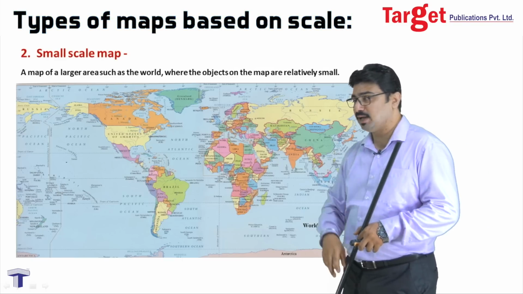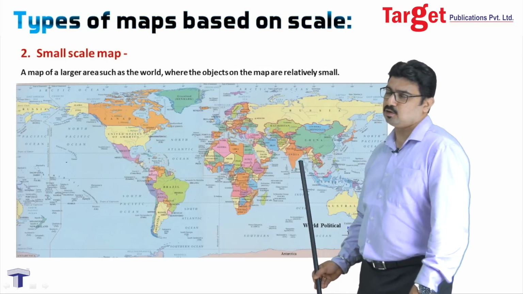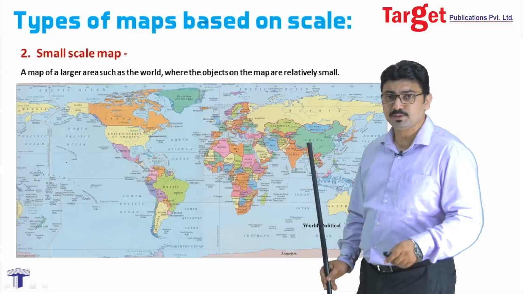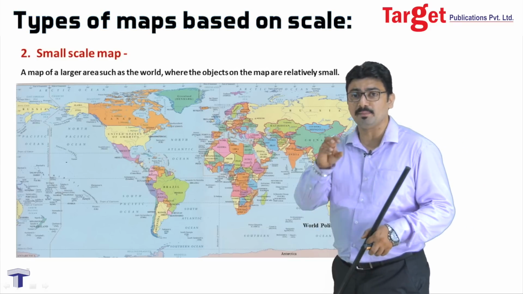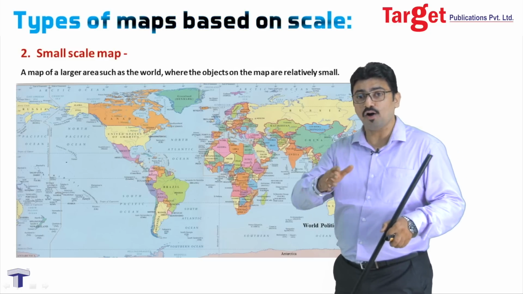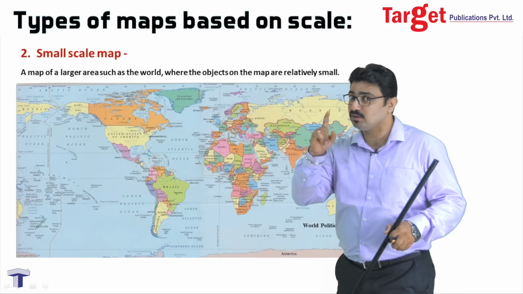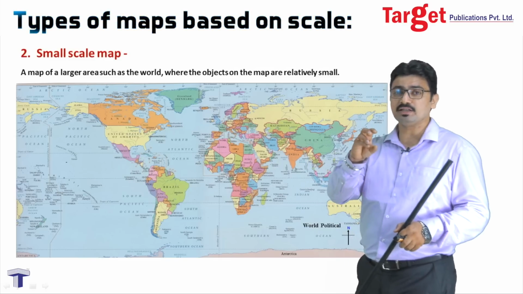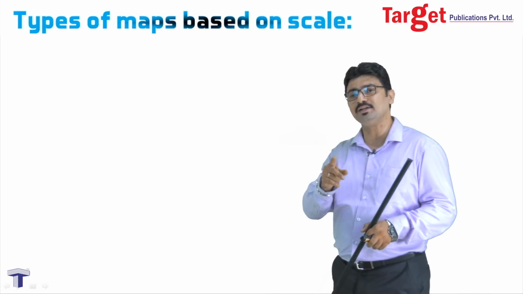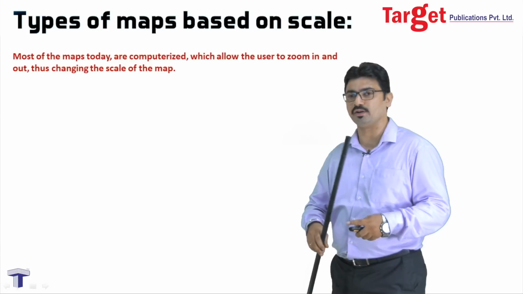Now in this map that we have here, India is shown in a smaller size, and hence we call this a small scale map, where the objects, the individual components of the map are shown in a smaller size, although the map is of a larger area. Yes, students, the map is of a larger area, but the objects are of smaller size, and hence it's called a small scale map. Both of the maps are used alternatively depending upon its application of study in geography.